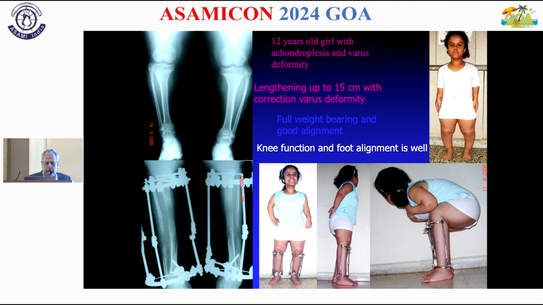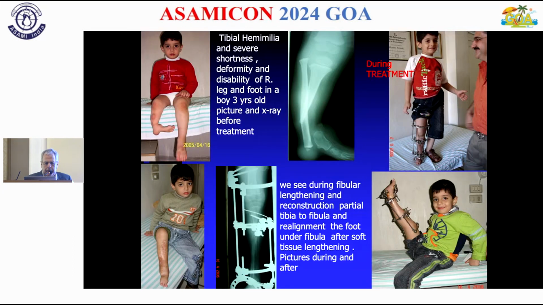Another case, a 13-year-old girl with achondroplasia. Another case with tibial hemimelia. We started the surgery at the age of 3 years, and had several surgeries.